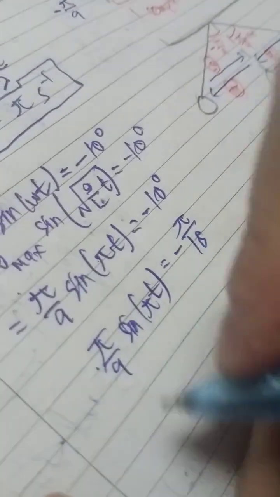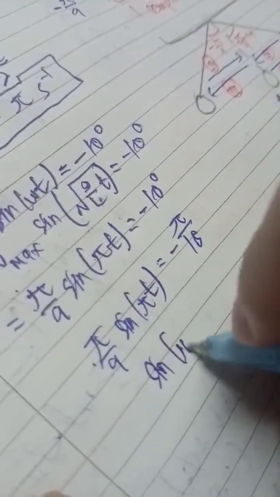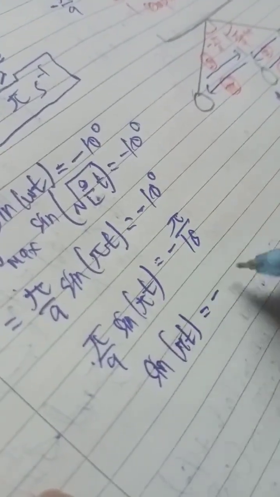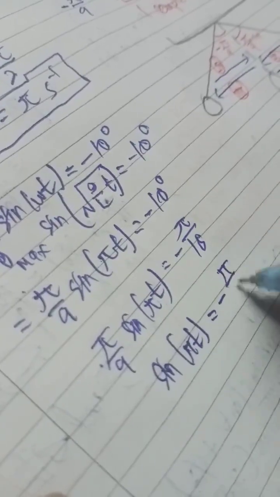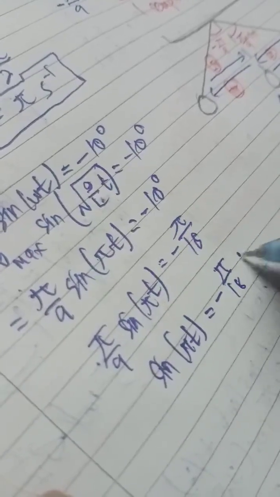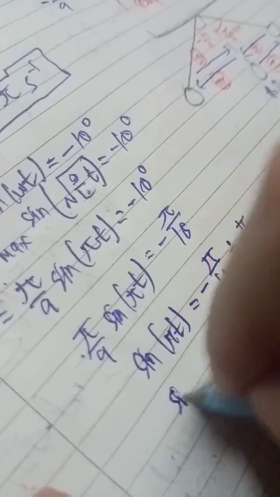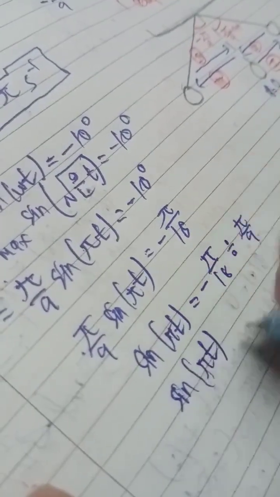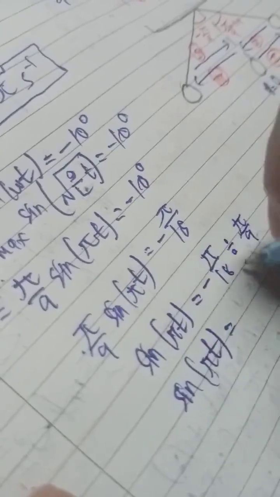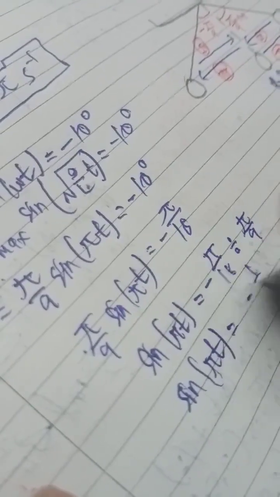Alright, and then sine pi t is equal to negative pi over 18 divided by pi over 9. So we get that sine pi t is equal to negative 1 over 2.